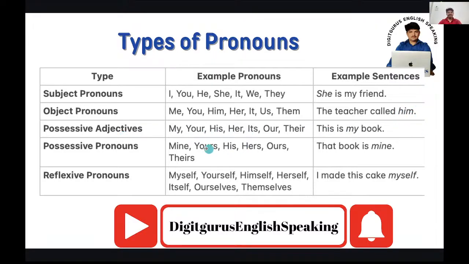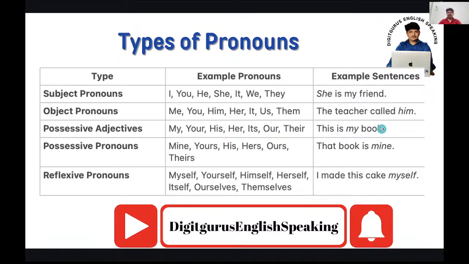Possessive adjectives: my, your, his, her, its, our, their. This is my book. A possessive adjective comes before a noun.